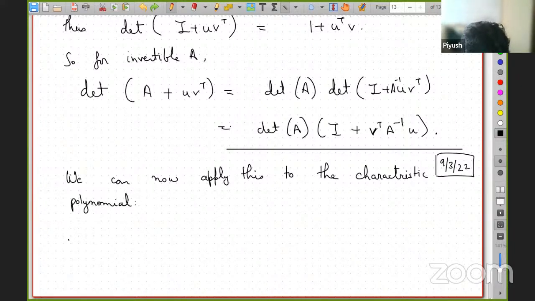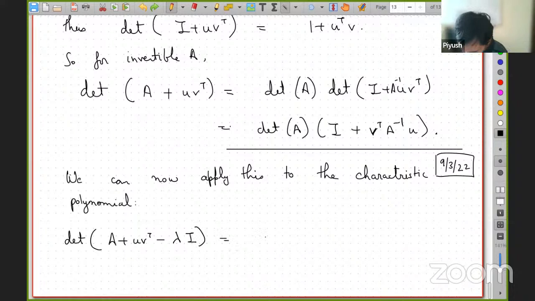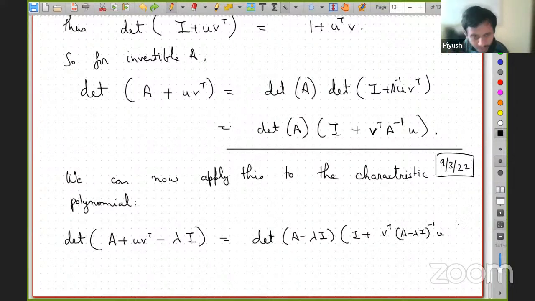The determinant of A plus UV transpose minus lambda I is the determinant of A minus lambda I times I plus V transpose (A minus lambda I) inverse U.